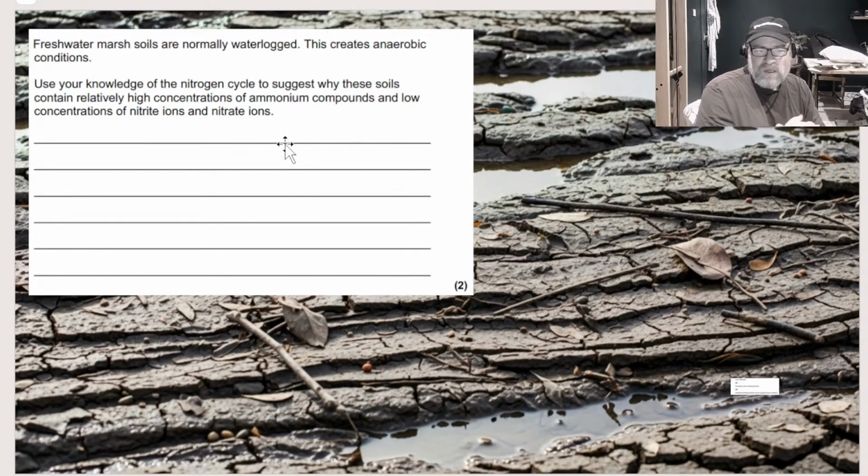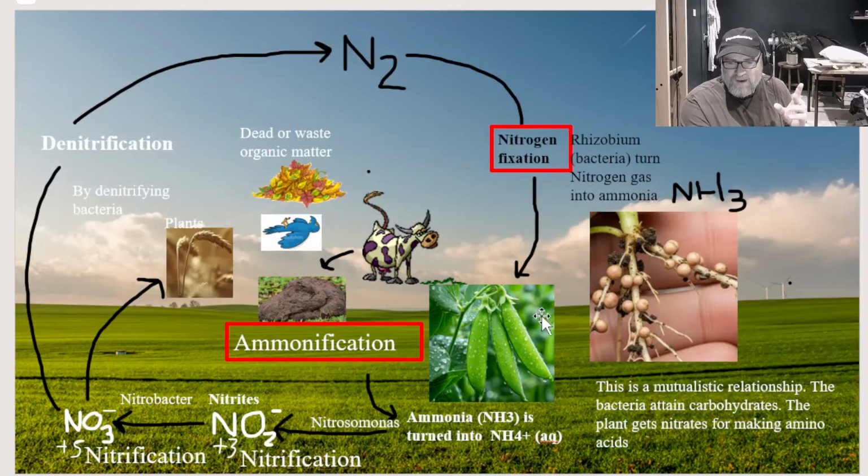So what do you think the answer would be to this? If we look over at our diagram, nitrogen fixation can still happen, or ammonification can still happen. Nitrogen fixation is mainly an aerobic process by azotobacter or rhizobium.